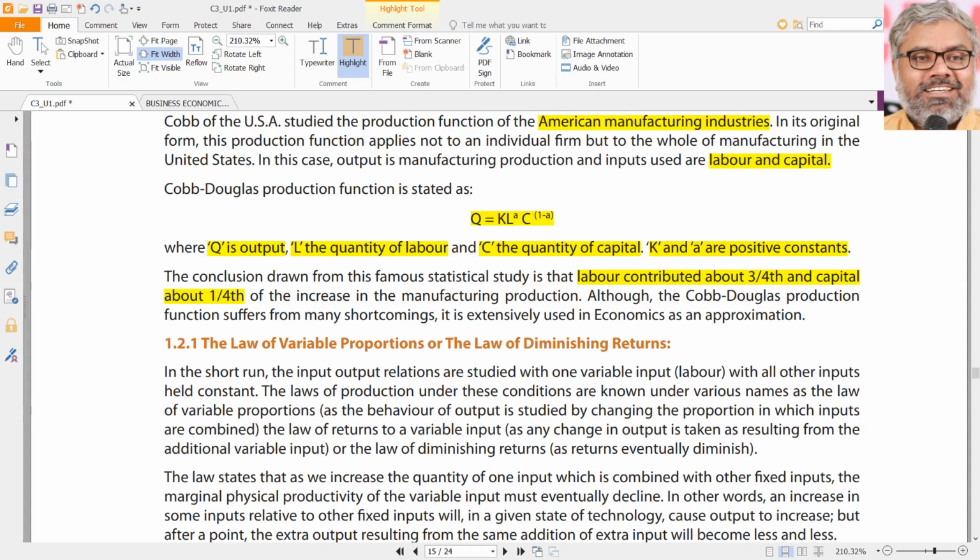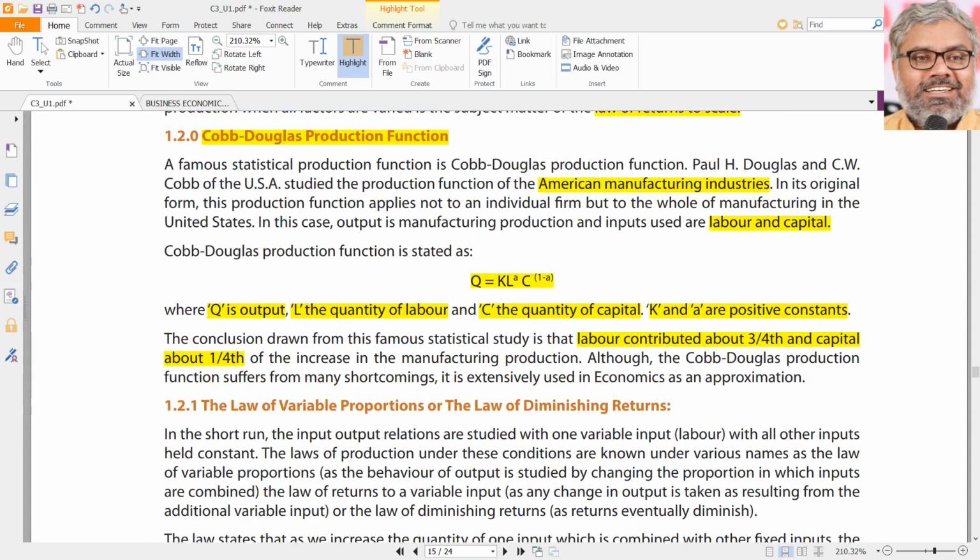So this production function is their understanding of how influential labor and capital will be, according to them, not according to us, not according to reality. According to their study, labor contributes 3/4 of the growth, capital contributes about 1/4 of the growth in manufacturing production. That is the Cobb-Douglas production function.